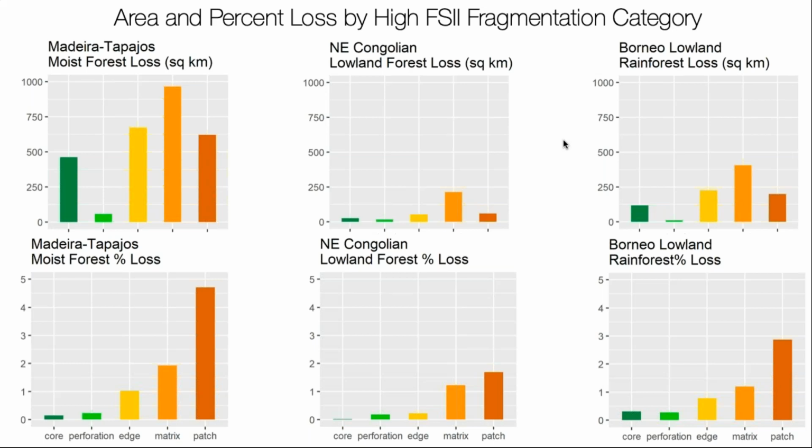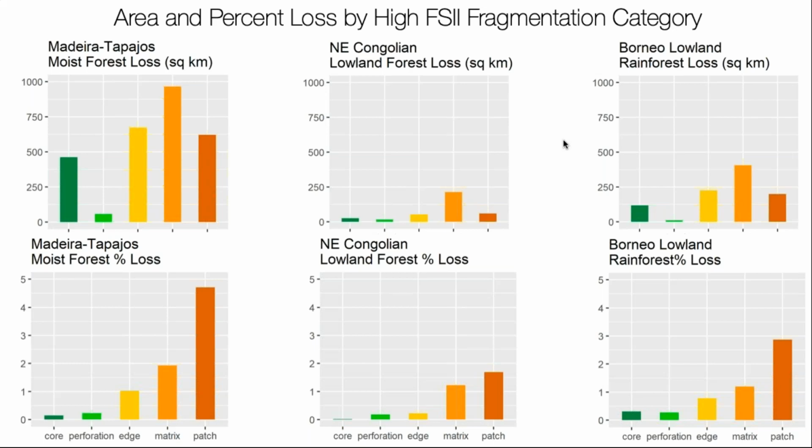So we can see that, for example, hundreds of square kilometers of core forest was lost in the Madeira Tapajós forest in Brazil. Core forest loss was lower in the Congolian lowland forest and the Borneo lowland rainforest. And in general, matrix forest and patch forest overall amounts tended to be higher than the other classes.